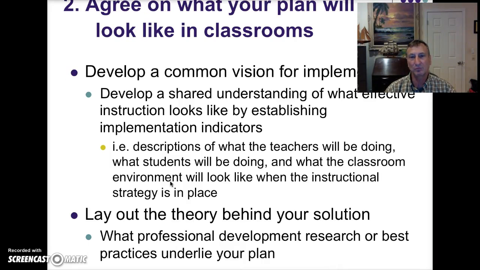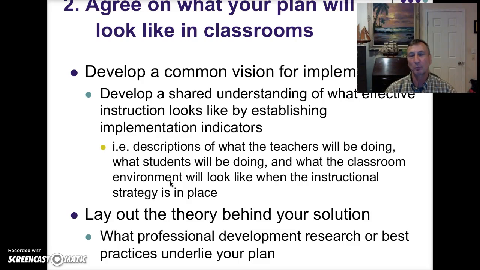So here we need to agree on what the plan will look like. What's the common vision? What's the shared understanding? What would students be doing? And what would the environment look like when that instructional strategy is put into place?